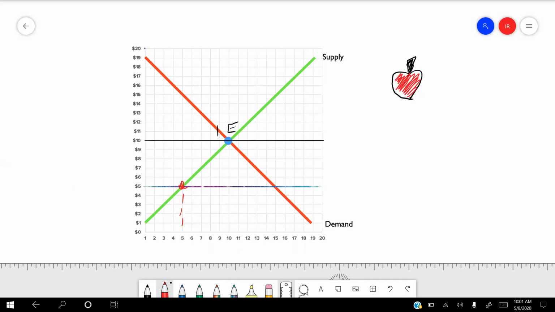There are only five sellers willing to sell at the price of $5.